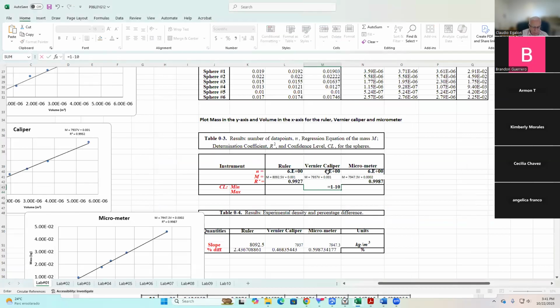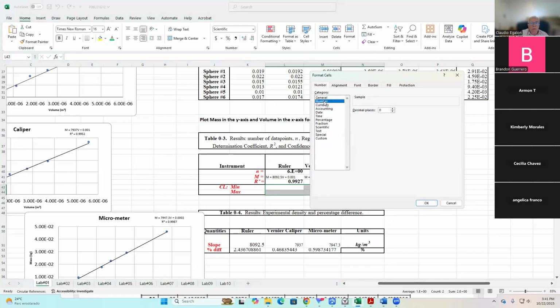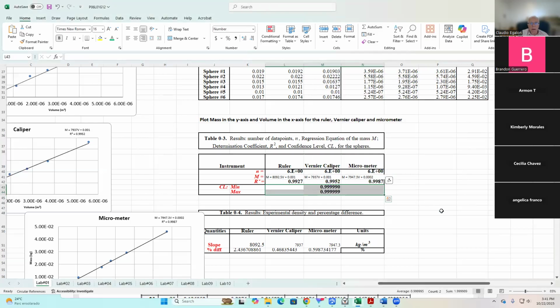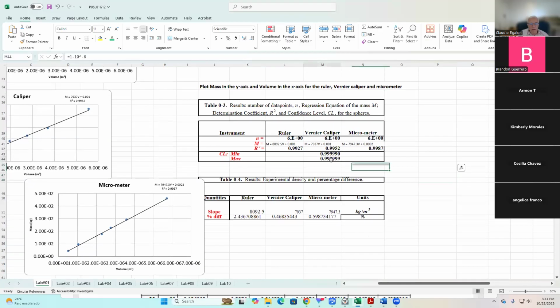If I change the number format, you can see that this number is greater than this other one. The lower number, which is the max, is greater than the other one. Yeah, okay, thank you.